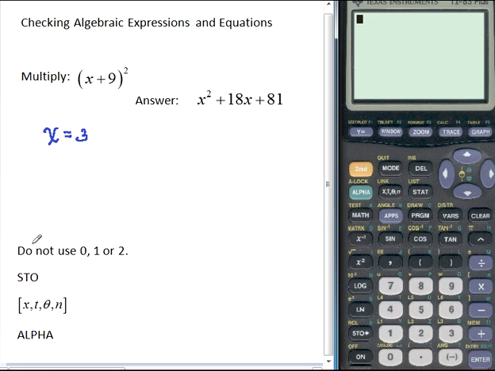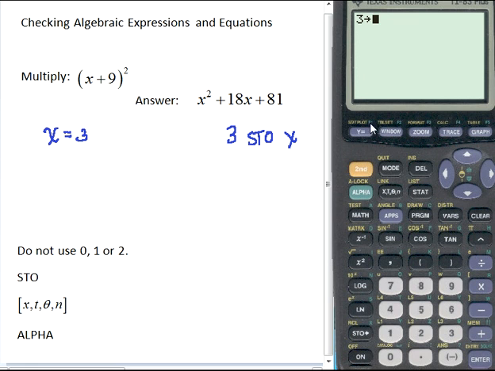I've written down some of the keys we're going to use. To put that in the calculator, we put the 3 first, then we hit the store key, and we hit x. So let's do that. We hit 3, then we hit the store key, which is right above the on button. And you see a little arrow. It's like 3 going into x.